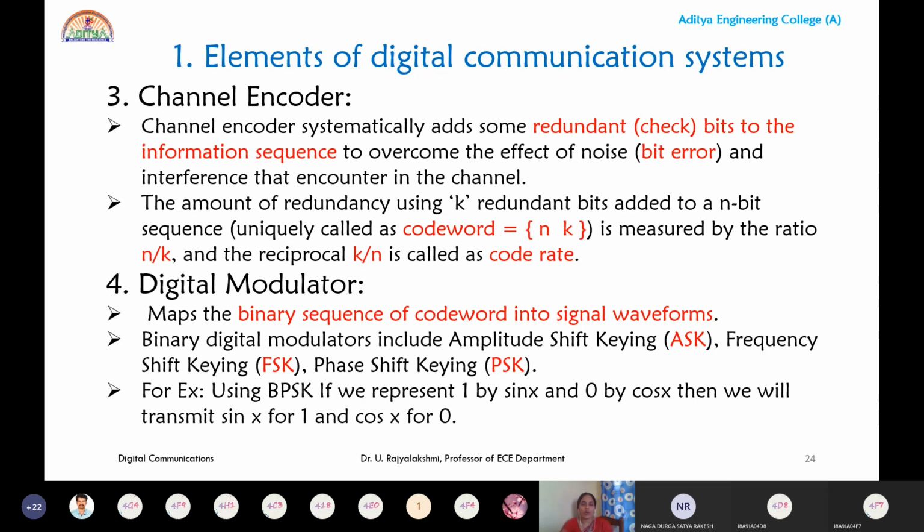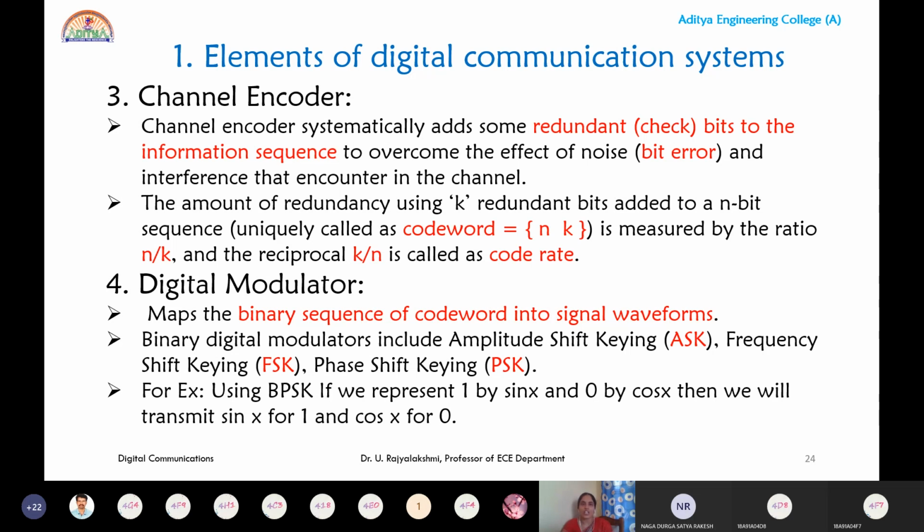Now, the performance of the channel encoder depends on the amount of redundancy as well as the code rate. Code rate is defined as the ratio of the number of check bits to the number of bits available in the encoded data; K by N is generally defined as code rate. So code rate defines the performance of the channel encoder.